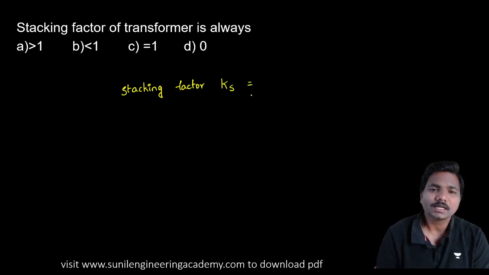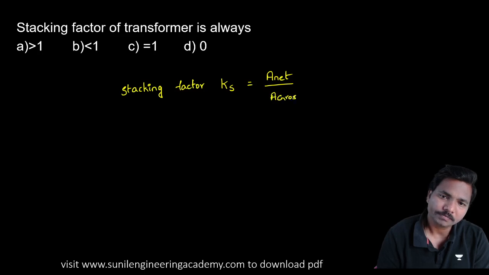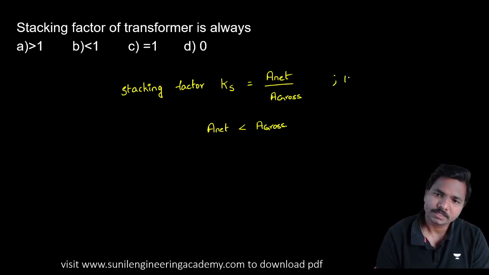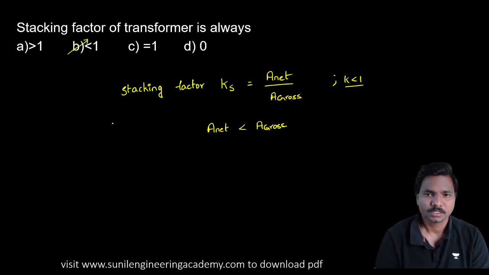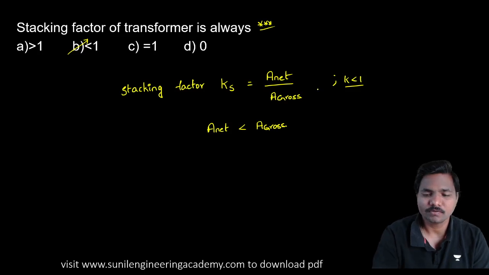It is the ratio of the net cross-section area of the transformer to the gross cross-section area. We know very well net area is always less than gross. So Ks is always less than 1. So the answer is option B. Very important question, guys. Ks is always less than 1.